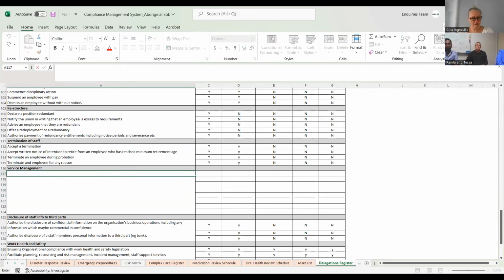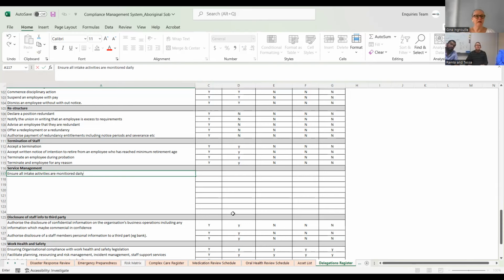So it might look like this, ensure all intake activities are monitored daily, or something like that.